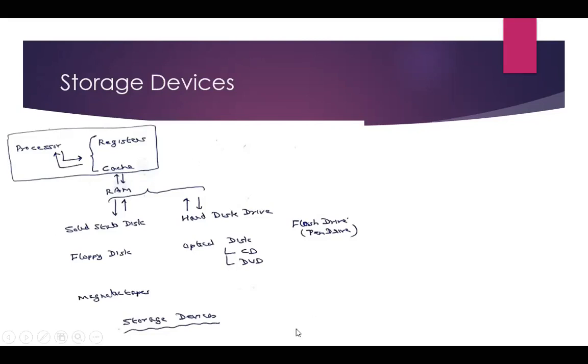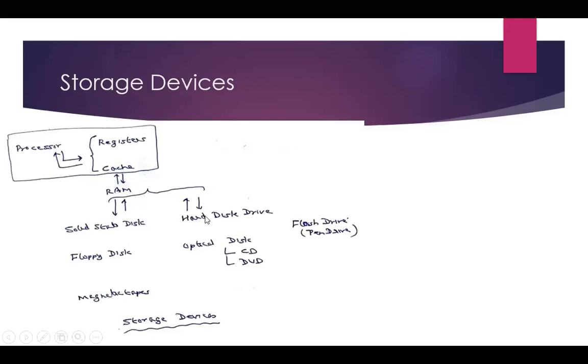Below these are the stable or persistent memory systems in which data remains. The fastest of these is the solid state disk. Nowadays, if you go to the market and buy a computer with the latest configuration, you will find that there is no hard disk in the computer, but there is an SSD. And this SSD is a solid state disk.